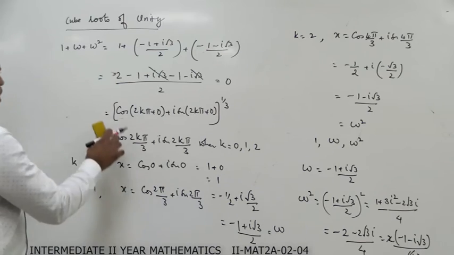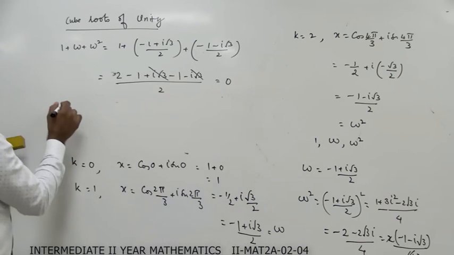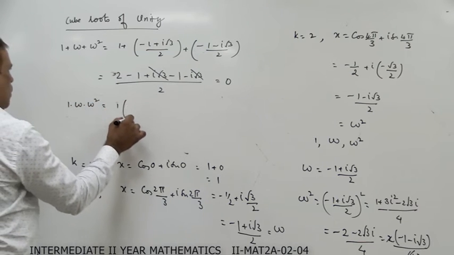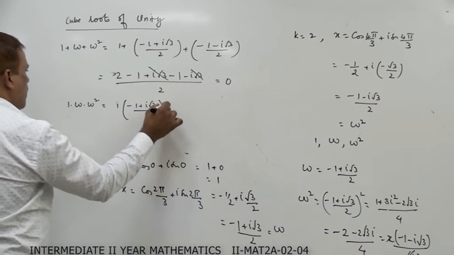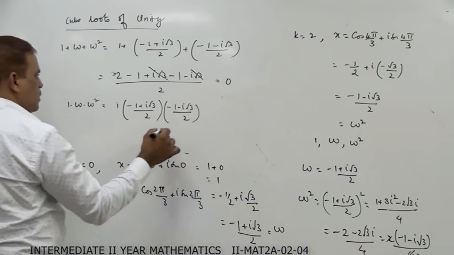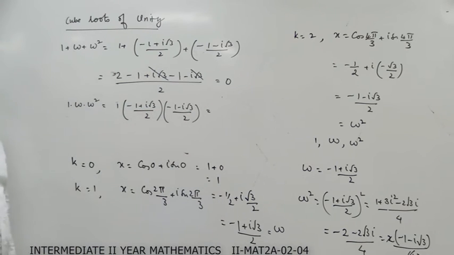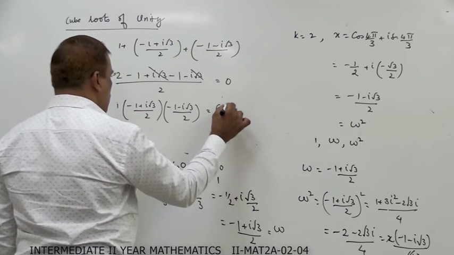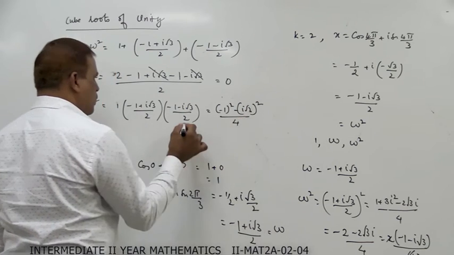Now we take the product. 1 into omega into omega square is 1 into minus 1 plus i root 3 by 2 into minus 1 minus i root 3 by 2. In the form of a plus b into a minus b, which is a square minus b square, this is minus 1 whole square minus i root 3 whole square, whole divided by 4. 2 into 2 is 4.